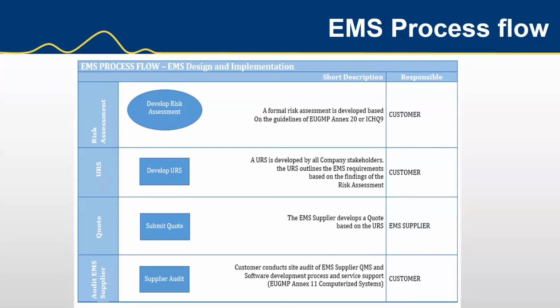The URS is typically sent on to vendors to look over and comment on, and then to submit a quotation. Then the customer will look at all the vendors, maybe do some audits, look at the responses to the URS and the quotation, and select a vendor to do the project.